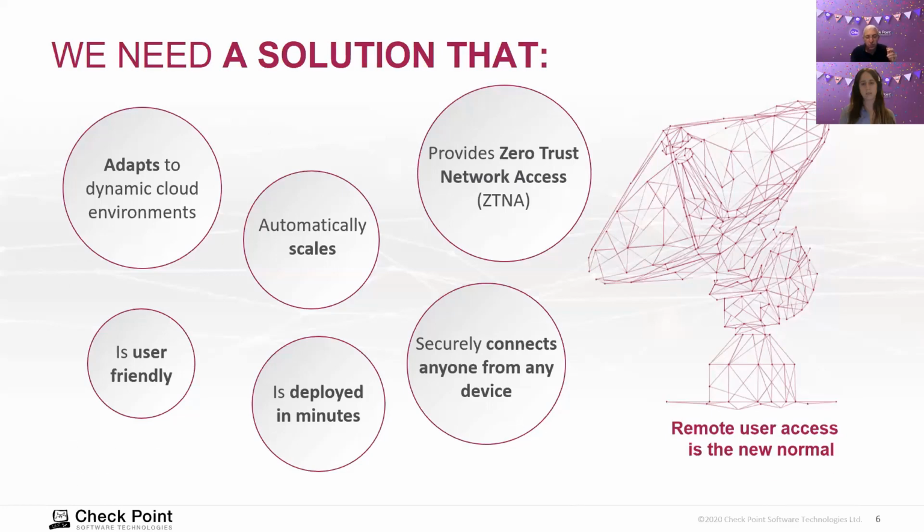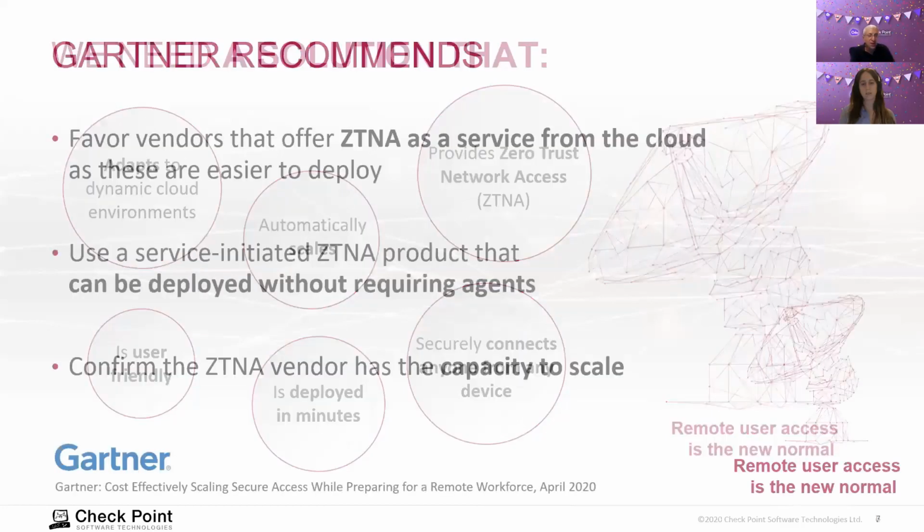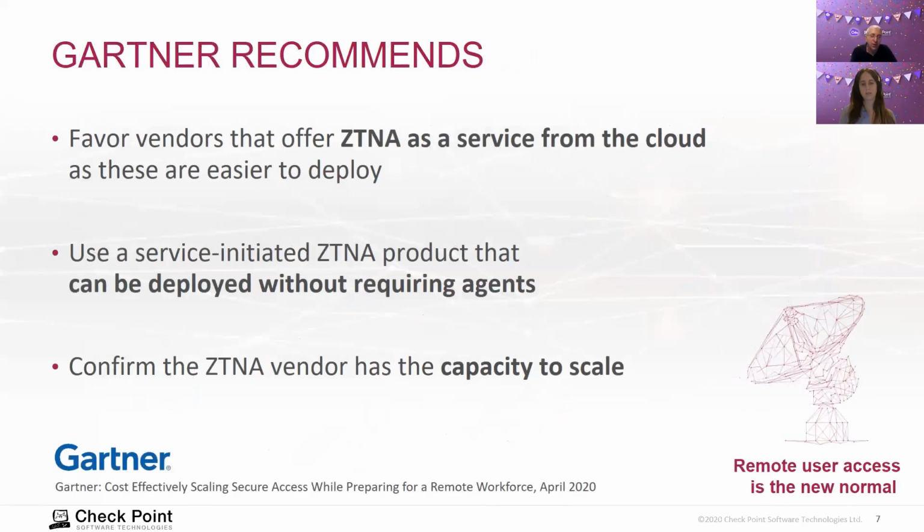In fact, it's so important that in Gartner's research from April of this year, called Cost Effectively Scaling Secure Access While Preparing for a Remote Workforce, they mentioned ZTNA in like the 3 key points. ZTNA, Zero Trust Network Access. And Gartner recommends that you favor vendors that offer Zero Trust Network Access as a service from the cloud, as these are easier to deploy.